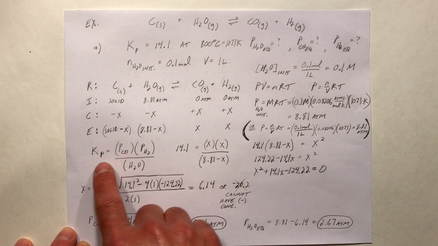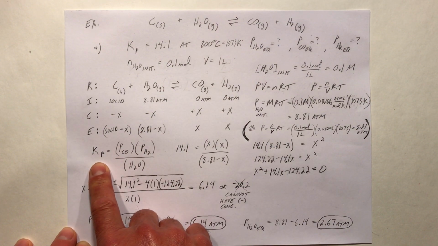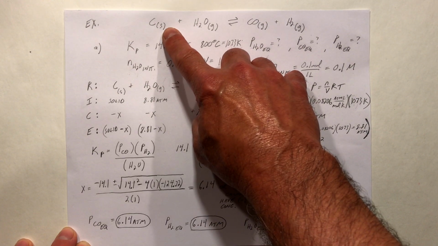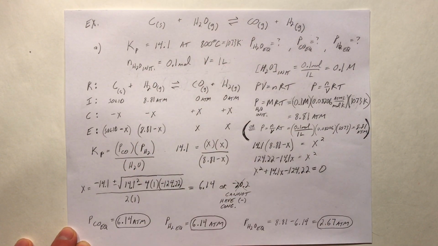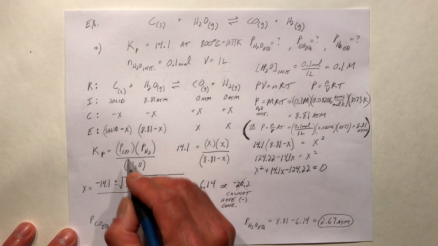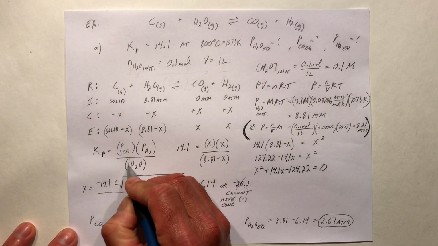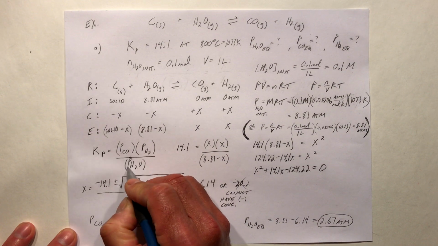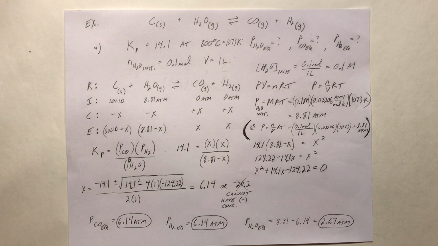Okay, so then remember that when we write Kp, whenever we write any equilibrium constant, we omit pure solids and pure liquids, so the carbon is not involved. So we have the partial pressure of CO and H2 on top, and the partial pressure of H2O on the bottom.